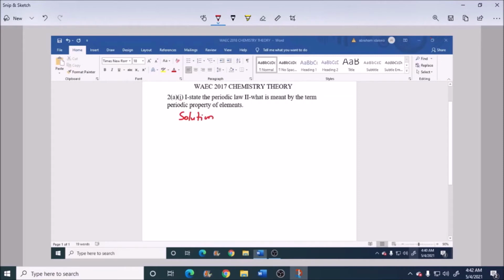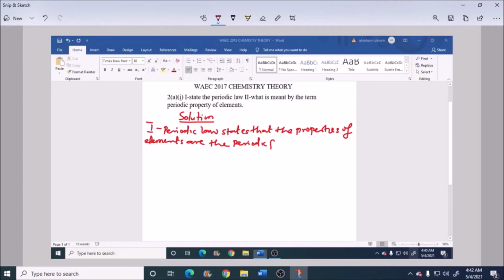The periodic law states that the properties of elements are the periodic function of their atomic number.